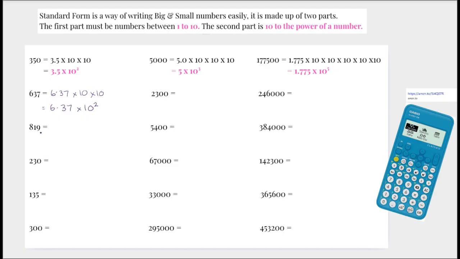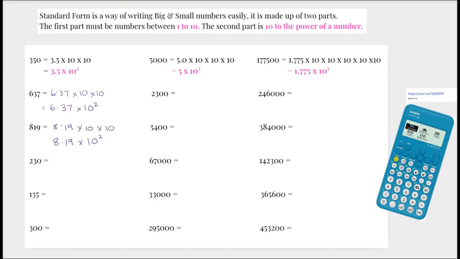1, 2. Because it can't be 81.9, because the numbers have got to be between 1 and 10. So now we've got 8.19 and we moved it twice. So 10 times 10. I mean, you don't have to write this out. This is me just showing you what we've done, the method. So it's 8.19, and we know it's 10 to the power of 2, because we've moved the decimal place twice.